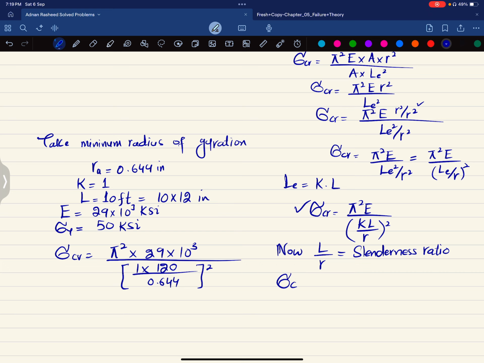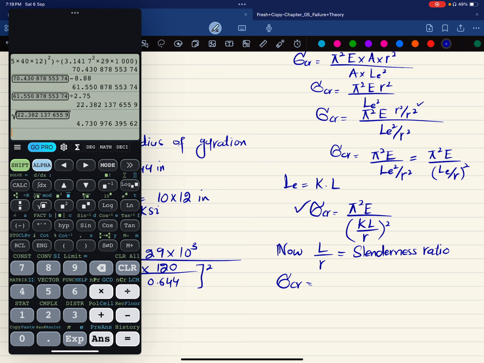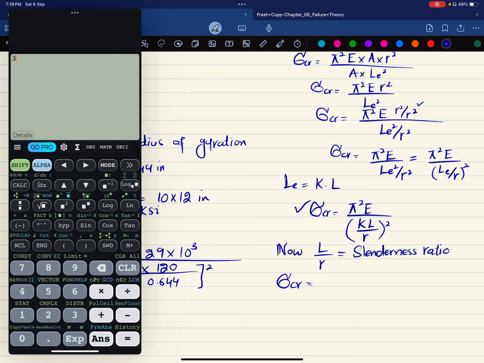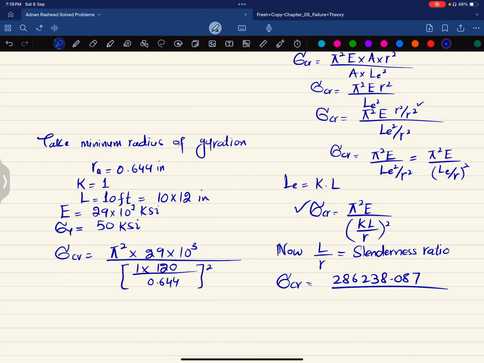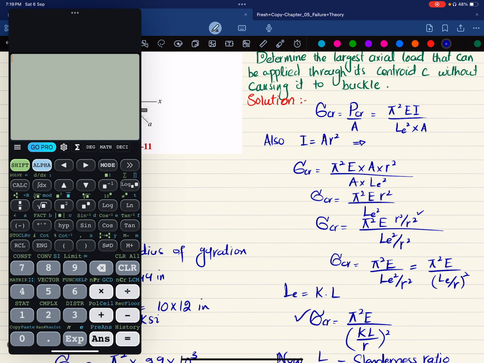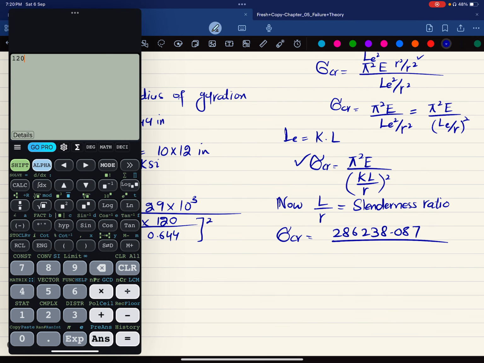Pi square, 3.1417 square, multiplied by 29 into 10 raised to power 3 is equal to 286,238.087, divided by this term, 120 divided by 0.644 squared, which is 34720.882.